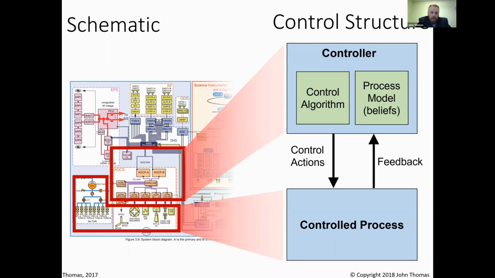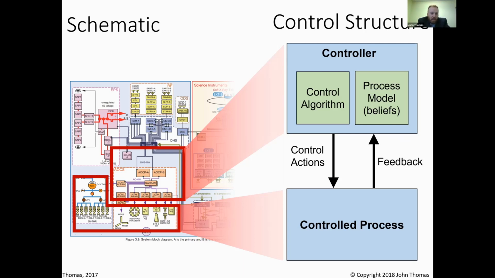So the insight behind a control structure in this whole method is, instead of starting at the component level on the left here, these very, very detailed interactions, recognize that maybe this group of stuff on the bottom, the application here is a satellite, but the application doesn't matter. The insight is, recognize that this group of stuff on the bottom, well, those are all the mechanisms we have to rotate or move the satellite around.